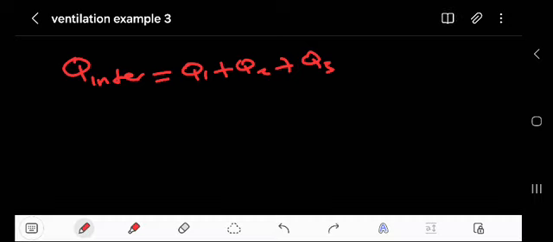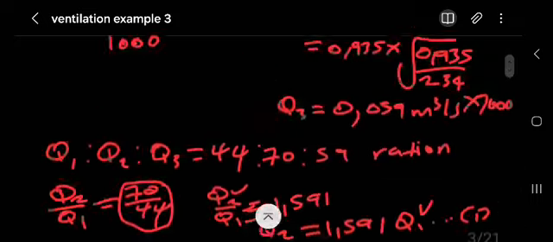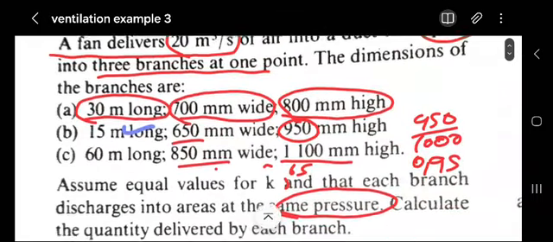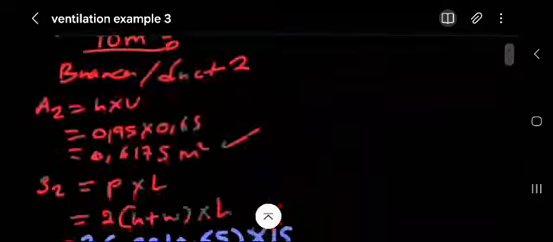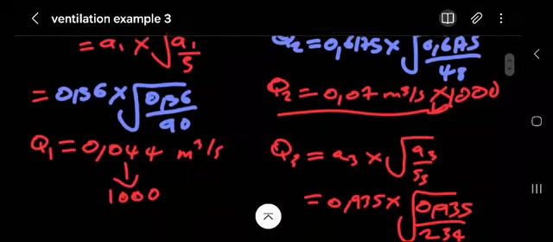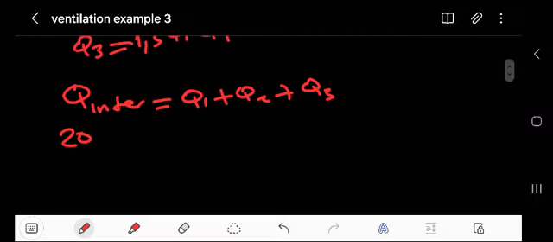It was 20. Yeah, if I still remember the flow, the one that is flowing into the duct, this entering is 20. We have 20, which is equal to Q1.